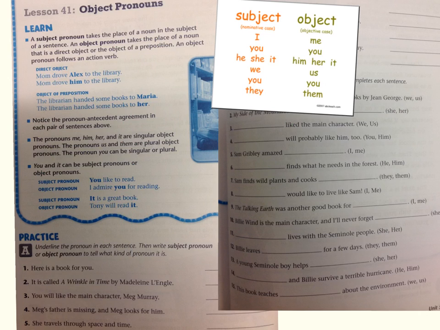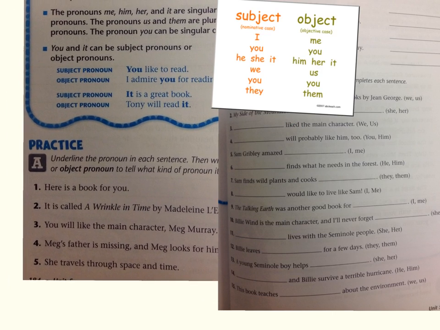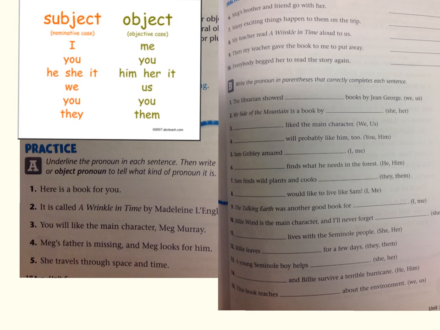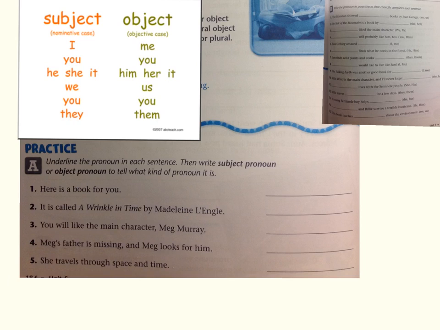All right? So now it's time to practice. Let's look real quick at the bottom here for your practice. I'm going to keep this up here so that way you can refer to your subjects and objects. So first it says, here is a book for you. You needs to be underlined because it says underline the pronoun. You is the pronoun. And then write subject pronoun or object pronoun.